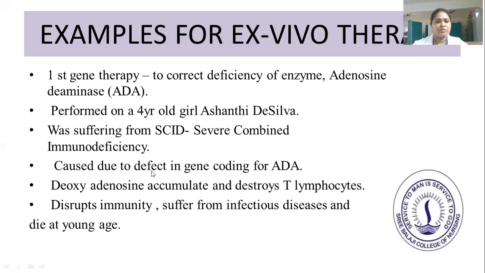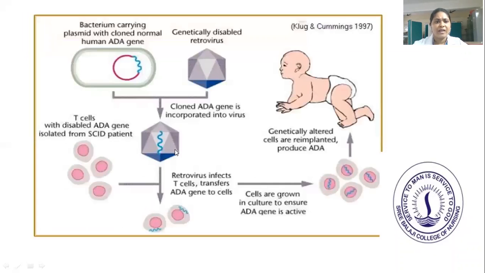It is caused due to a defect in the gene coding for ADA, that is adenosine deaminase, and the deoxyadenosine accumulated and destroyed the T lymphocytes, which disrupts the immunity of the child, who suffers from infectious disease and dies at a young age. So this is a picture of how it has been rectified.